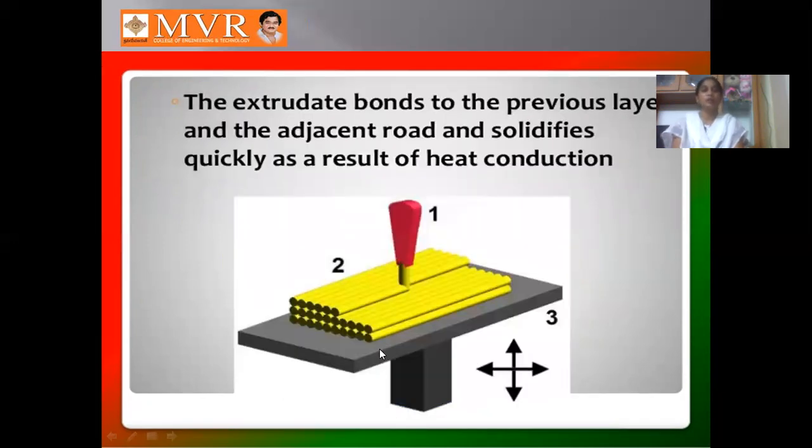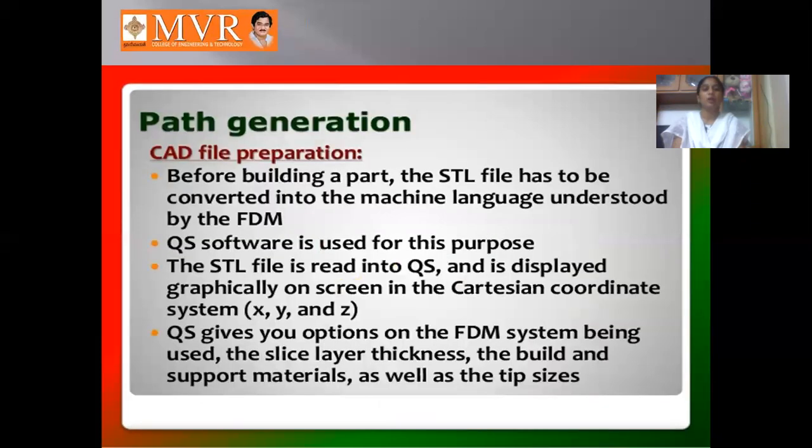The extruded material bonds to the previous layer and the adjacent road, and solidifies quickly as a result of heat conditions. Due to the heat conditions we can see the bonds layer upon layer, and heat also spreads throughout the product. This is the path generation which we are taking.